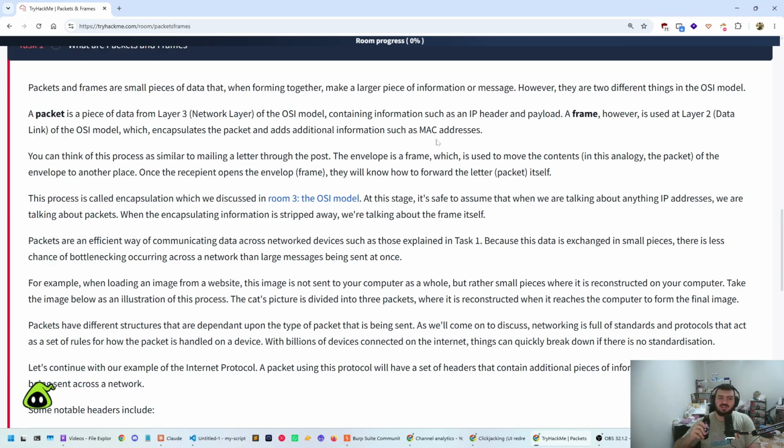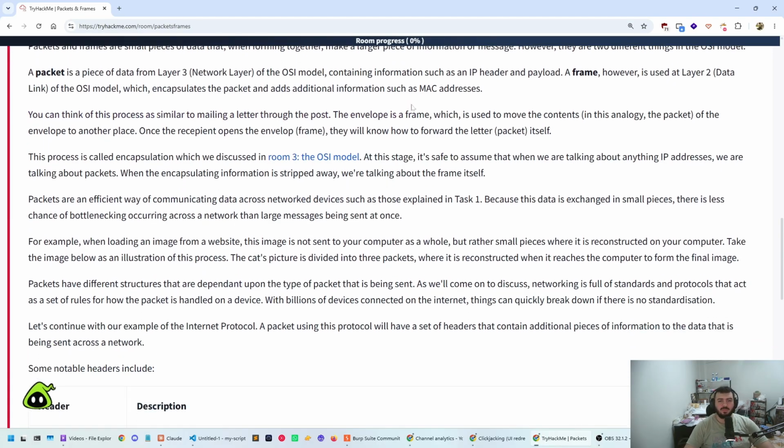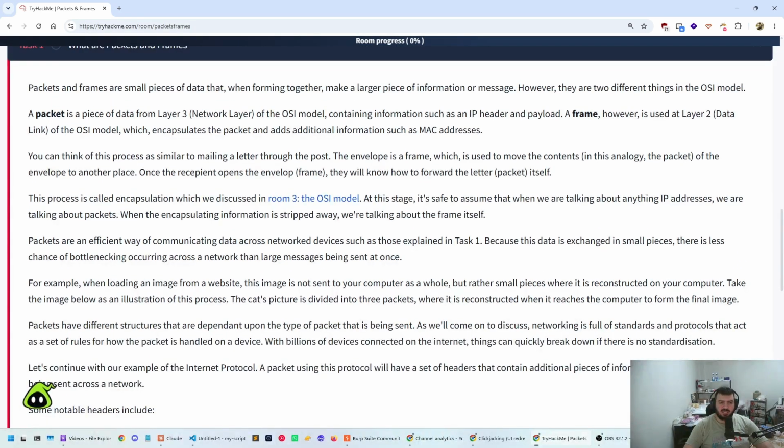The packet is layer 3, but a frame is layer 2. So the MAC address lives in the frame, but the IP address lives in the packet. And then a packet lives in a frame as well.